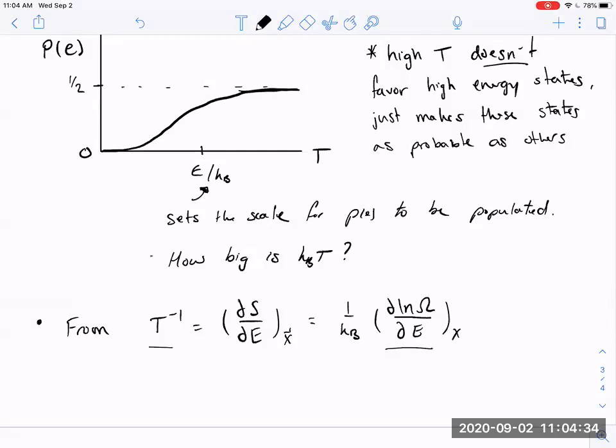It's just that there are so many typically states at higher energies relative to lower energies that the multiplicity, the degeneracy, the number of ways that the system can be at higher energy means that that average is going to be dominated by those more vastly occurring high energy states.